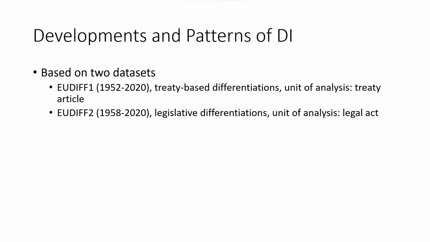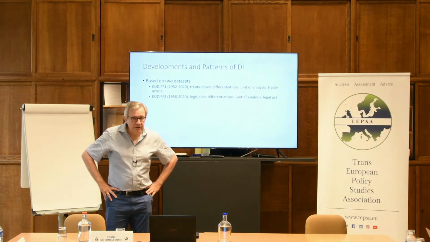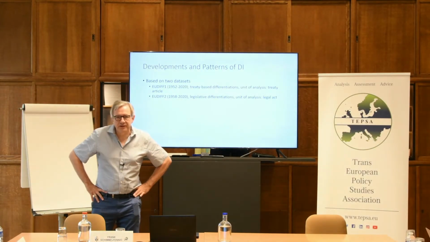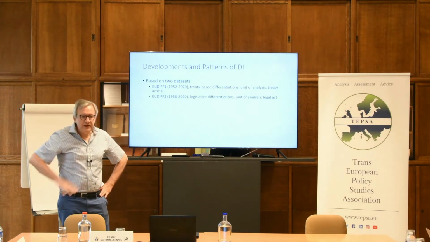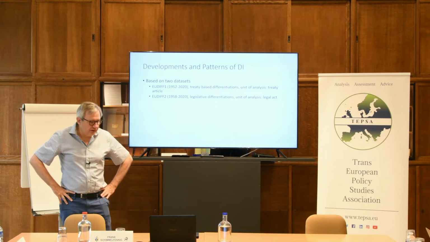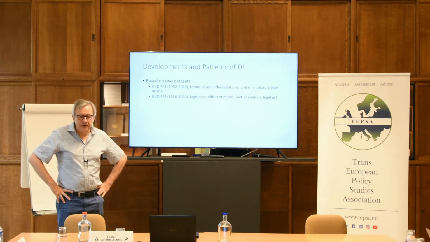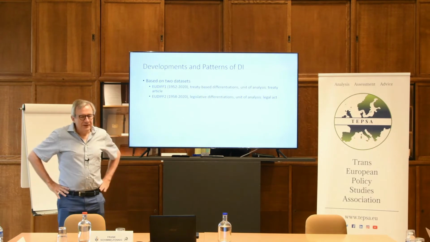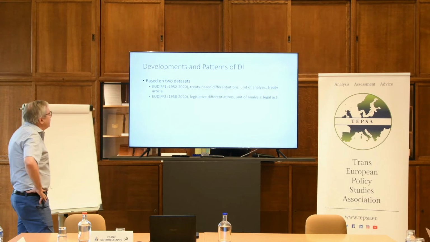If a legal act is differentiated, we code it in this way. These two data sets are publicly available in the ETH research repository, if you want to play around with the data a little bit.